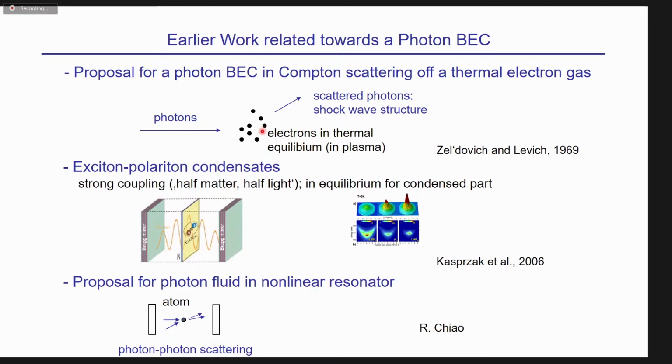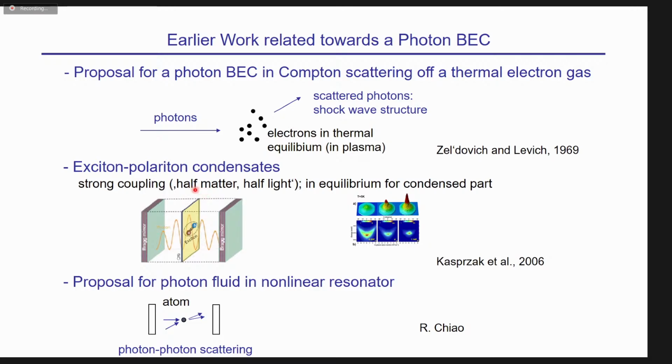The prediction was that you should get a shockwave structure plus a thermalized cloud, and the shockwave structure should resemble a BEC. This was never observed experimentally. What does work experimentally are exciton polariton condensates, which is a whole field that operates under strong coupling.